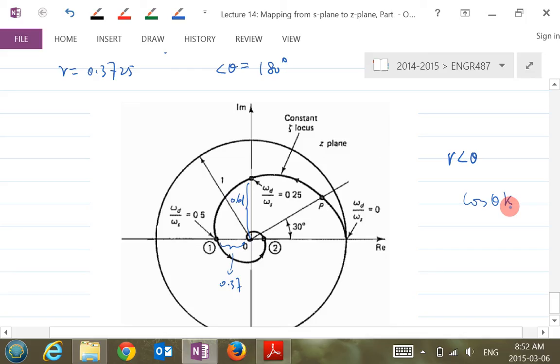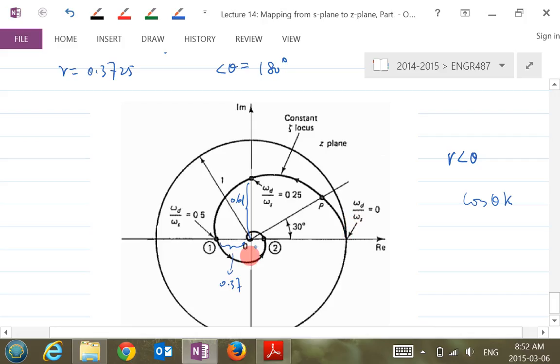Theta from negative pi to pi, if you recall, is the maximum frequency you can get in the discrete domain. Because with cosine k pi, how does that change? 1, -1, 1, -1, right? That's your highest frequency, basically.